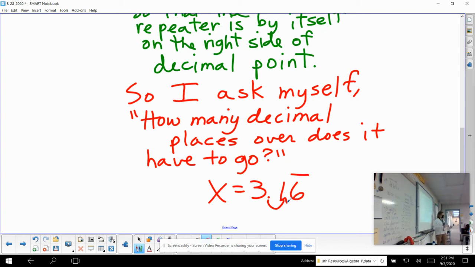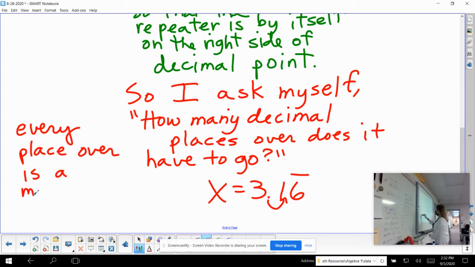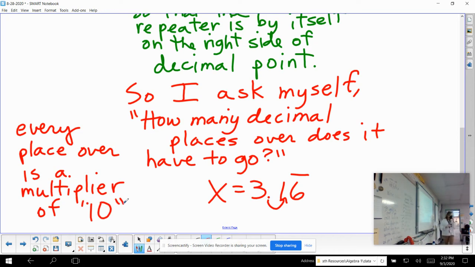You have to decide on that because every place over that you move a decimal point is a multiplier of 10. So that's why you have to know how many places, because it's a multiplier of 10.